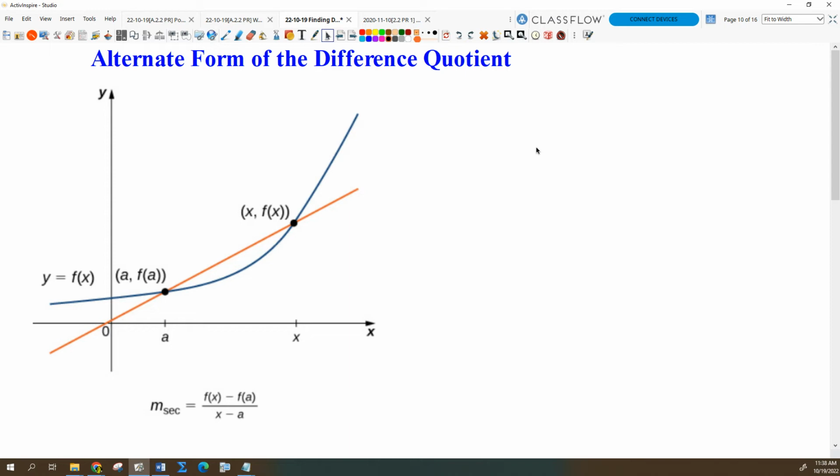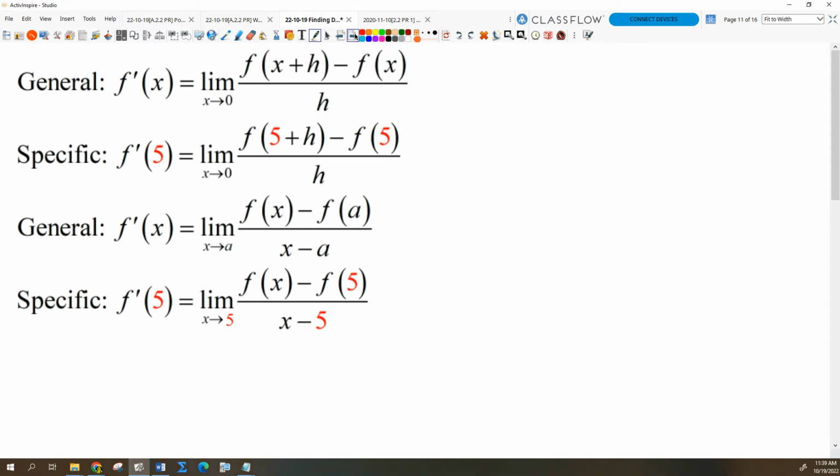If I made a slope triangle from this point to this point, my rise is just the difference in the y values, f of x minus f of a. And my run is just the difference in the x values, x minus a. Okay? And so I could then take the limit of that if I wanted to.